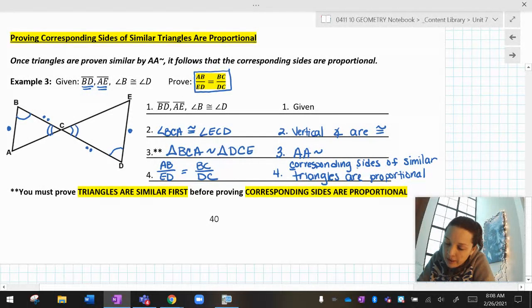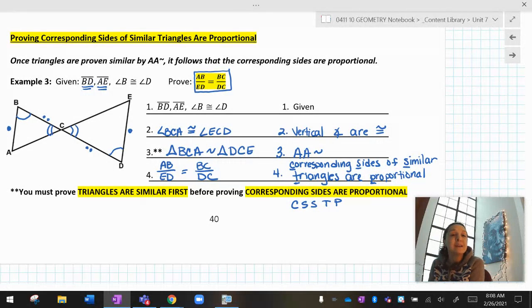And we do pull an acronym out of that. CSSTP. And that mouthful of consonants should remind you of another mouthful of consonants that we had before, CPCTC. This is the similarity equivalent to CPCTC, okay?